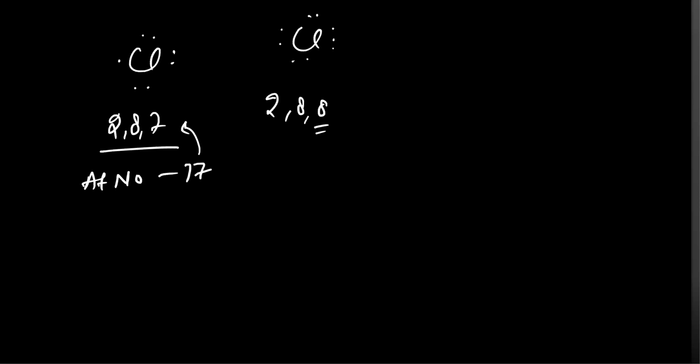Why is it acquiring 1 negative charge? In order to complete the shell. So it now has 8 electrons because it has borrowed 1 electron. But Cl2 is formed between 2 chlorine atoms, and now we have chloride ions. To become a chlorine atom again, it has to lose its electron.